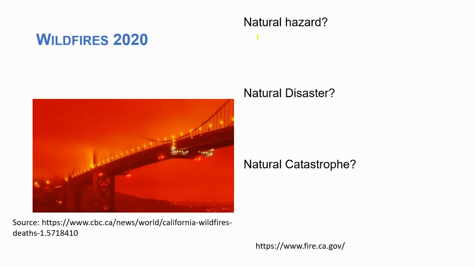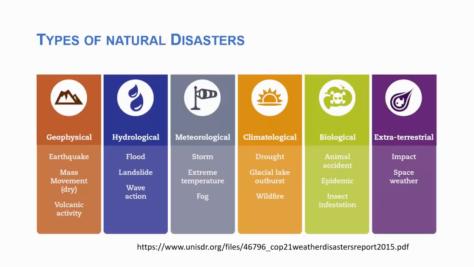A lot of people have lost their homes, their livelihoods. The season is still ongoing. It's still going to go on really until November, basically. And so we're looking at possibly a natural catastrophe that's occurring right now. Again, the disaster and catastrophe is because of the effect on humans.